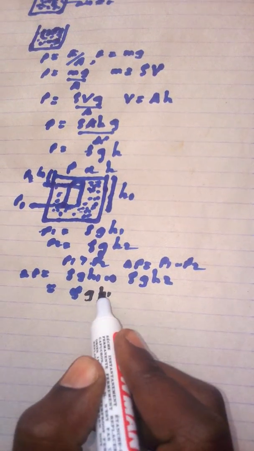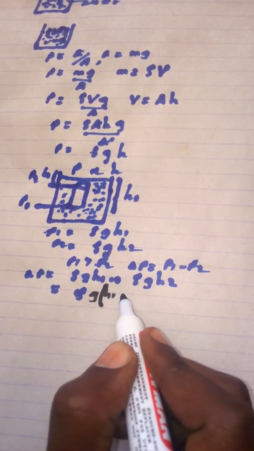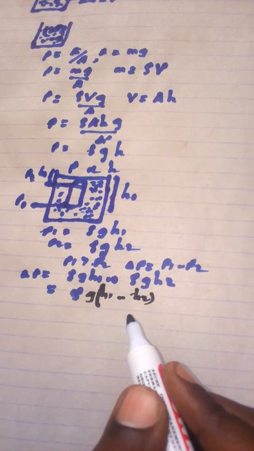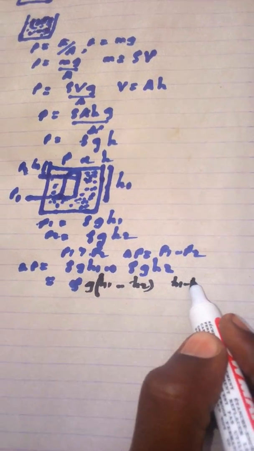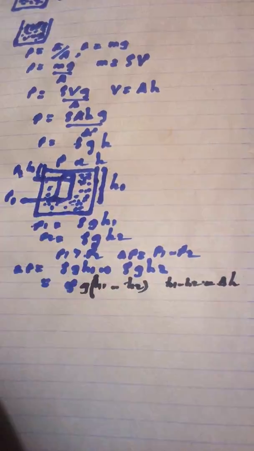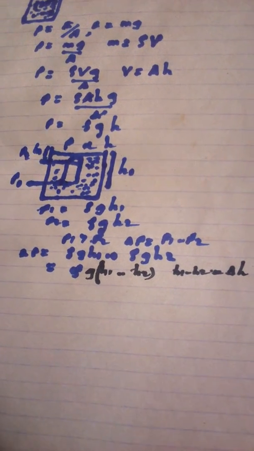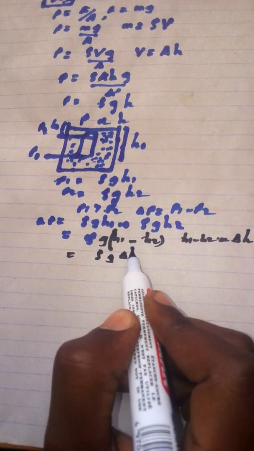We can find the common factor, rho G times the bracket H1 minus H2. But what is H1 minus H2? It is the difference in height between this point and the other point. So now we can write this as density times G times the change in height.